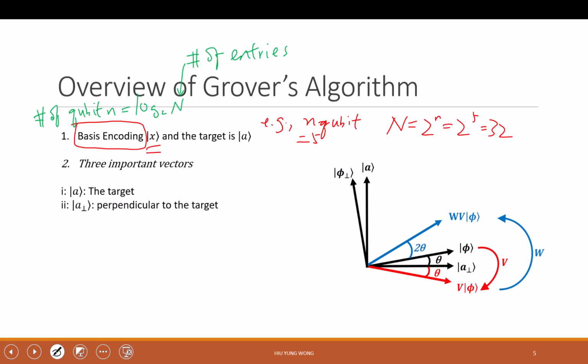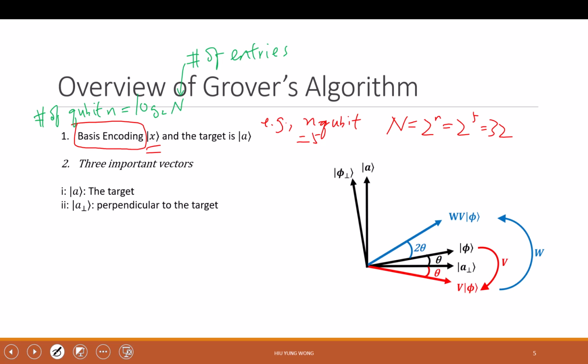Think about that, right? And the whole world only has maybe less than 10 billion people. So maybe I just add another 3 qubits. I can, in principle, store the ID for everyone in this world with just 33 electrons. Of course, there is a lot of overhead and it's not that easy, but do you see the power?